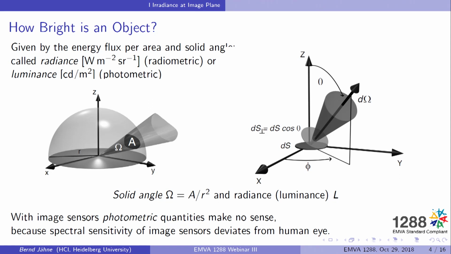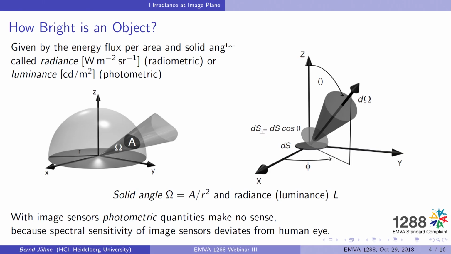And since you are only interested basically in the light which is going into your lens, you are only interested in a certain cone of light being emitted from this object which is entering your lens. And that means you are not interested in the total radiation going away from the object, but only in the radiation going into a certain cone.